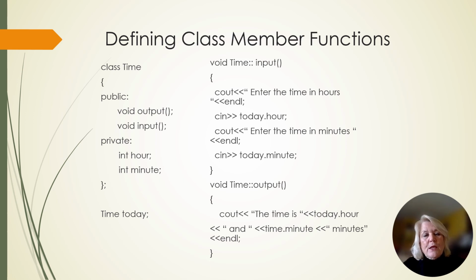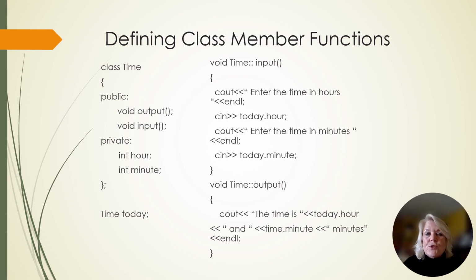So for the input, we ask the user to enter the time in hours, and then that's assigned to today.hour. Now, this is within the function, which is a member of that class, so they are able to access the hour member variable by saying the object, which is today.hour.